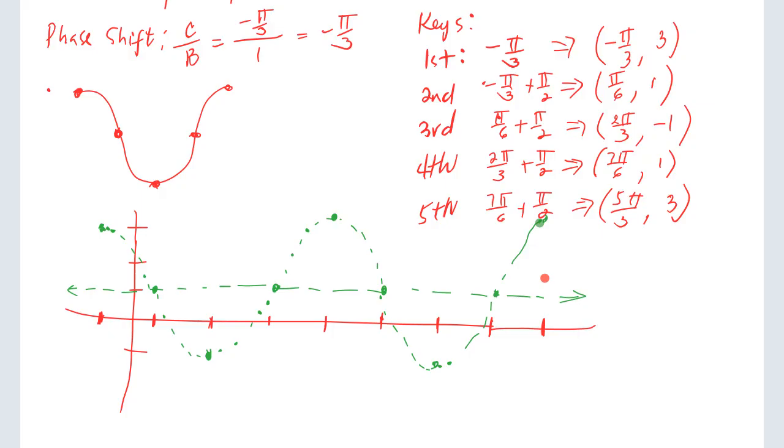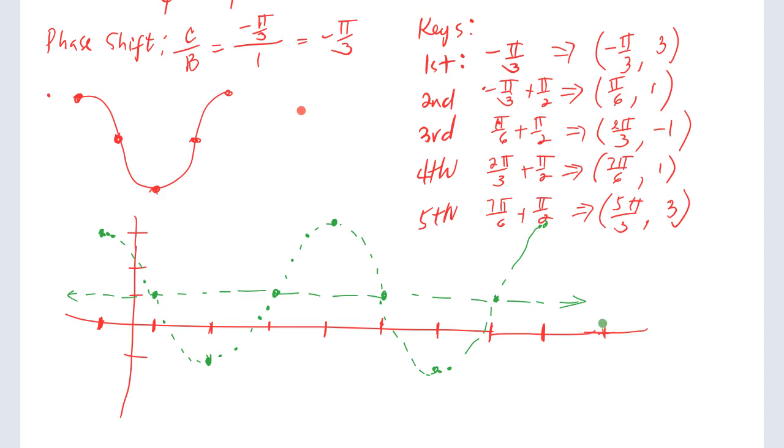Okay. All right. Now I'm going to go ahead and add one more point here, which will be an increment of pi over 2, which is 13 pi.